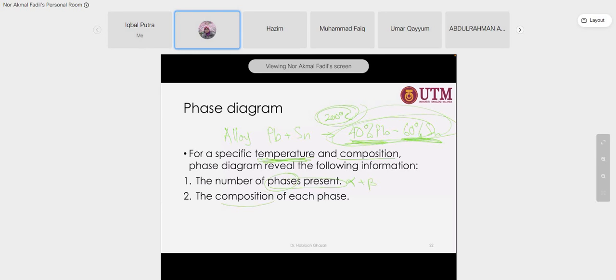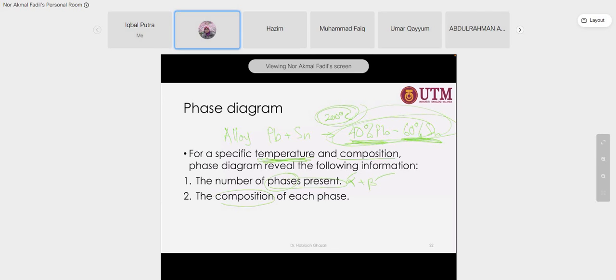The composition of each phase. For example, this beta, this alpha, you can determine the composition. For example, we have two phases, alpha and beta.